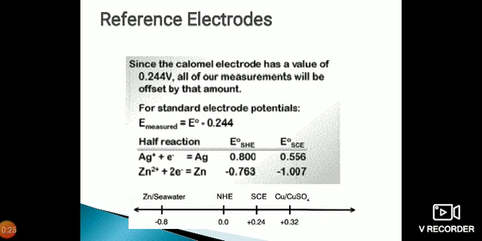In such cases, it is E0 minus 0.244, because the standard calomel electrode value is 0.244. That's how we can directly measure the potential or EMF of the cell using a potentiometer, and by knowing the value of the standard calomel electrode as 0.244, we can calibrate the electrode potential of the other electrodes.